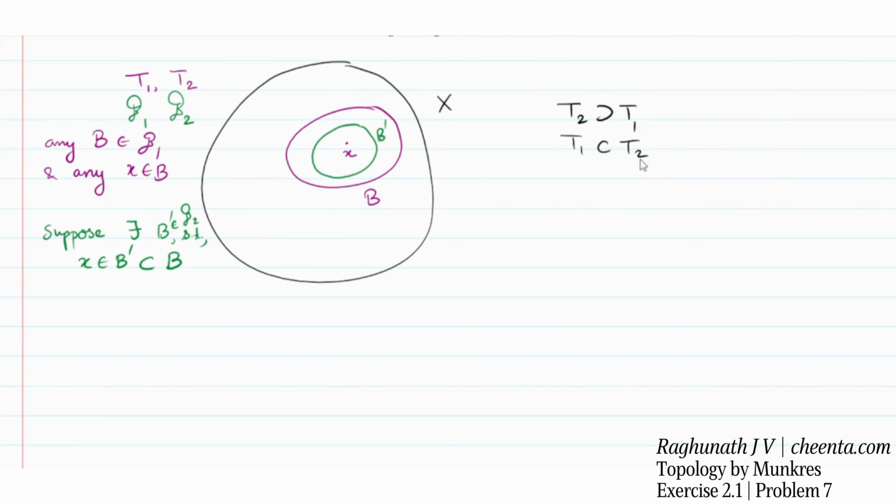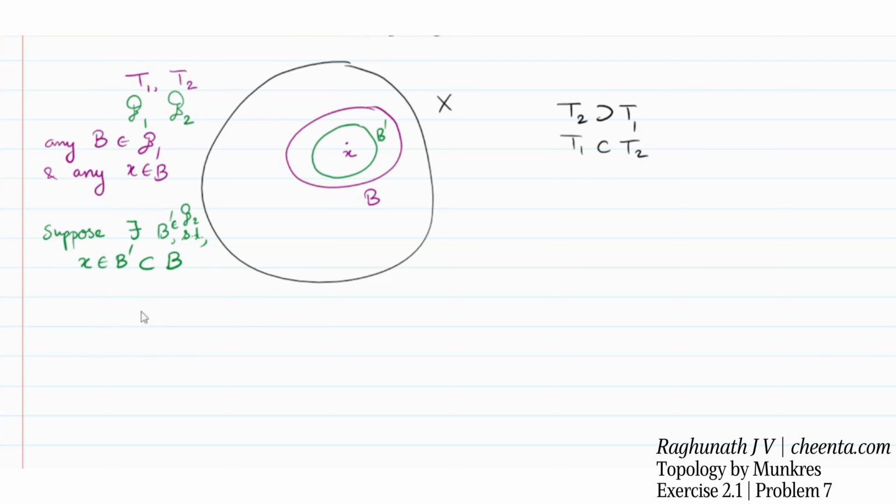This is due to the fact that for any basis element and for any element of that basis element, there exists a basis element that is a subset of it and contains that element. Which means any open set, which is nothing but a union of a few basis elements, is also a union of a few basis elements of B2. So it is also open in T2. So that's why T1 is a subset of T2.